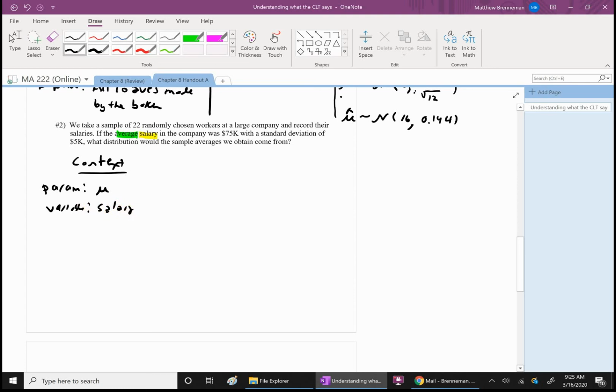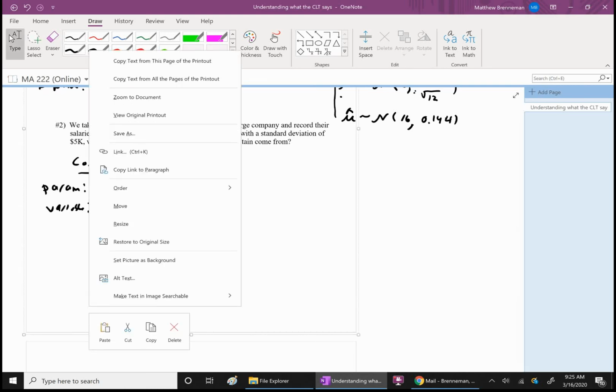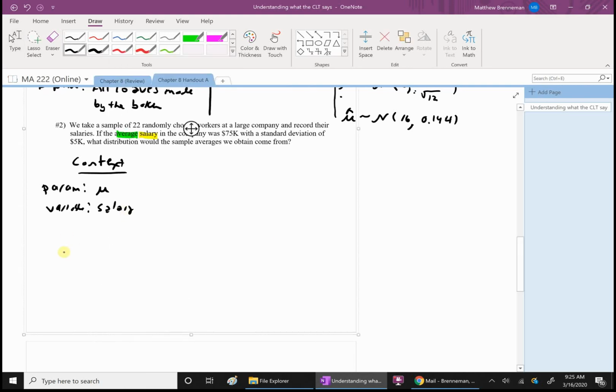And what is the population? Where do these salaries come from? These are salaries from a large company. So these are the salaries of individuals, and our population is everyone in this particularly large company.